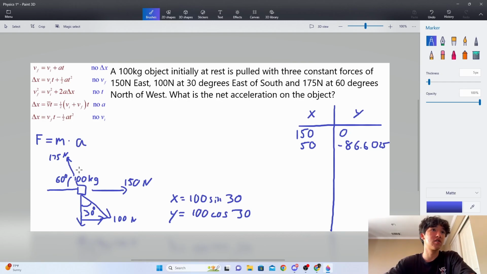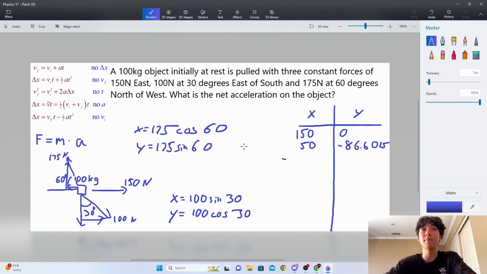Now, we need to do the same thing for this one. So this is going to the left and up. So this x is actually going to be negative, but then the y is going to be positive this time. And this left is adjacent with the 60-degree angle, which means x is going to be 175 cosine of 60 because it's adjacent, and y is going to be 175 sine of 60 because it's opposite.